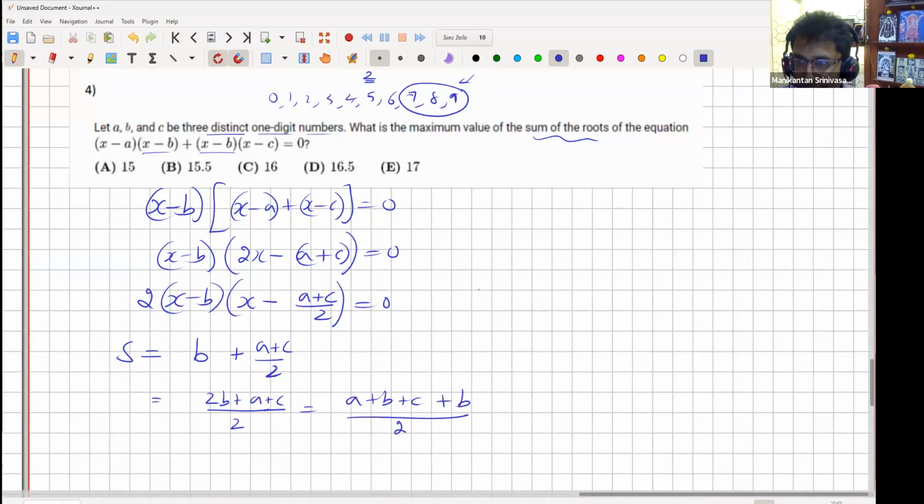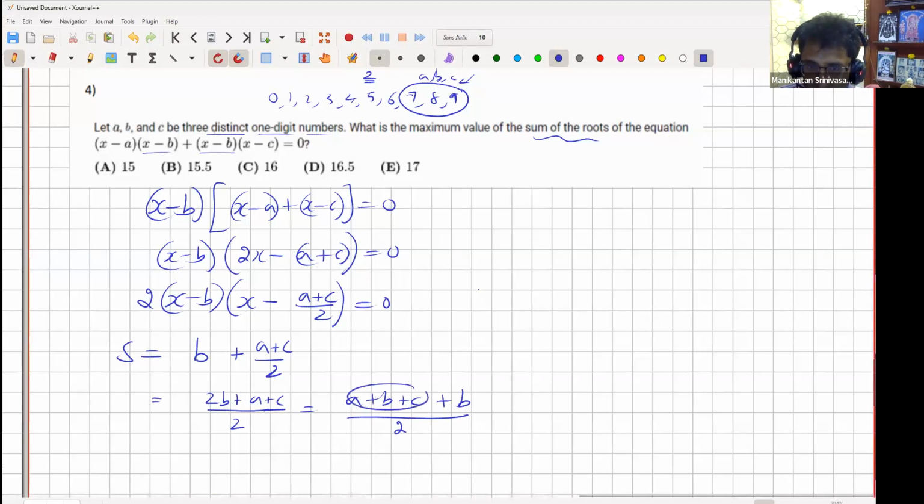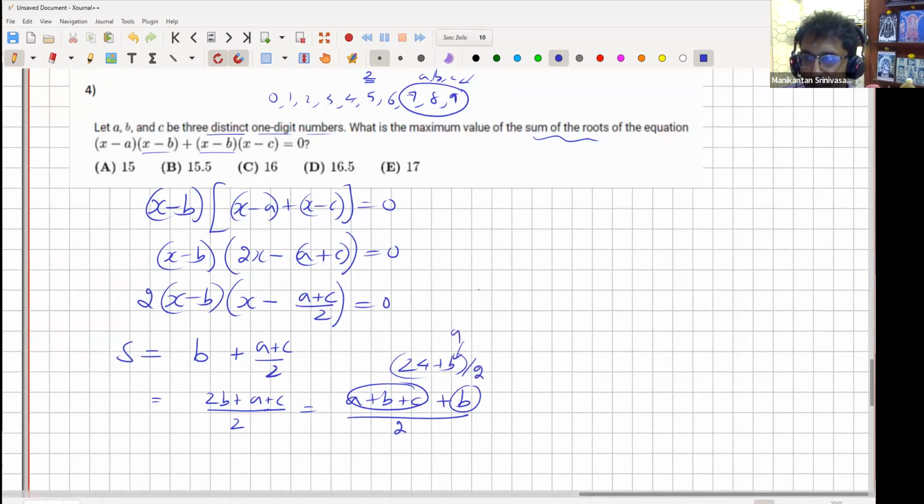Whatever way I allocate 7, 8, and 9 for A, B, and C, the sum of a plus b plus c will be 7 plus 8 plus 9, which is 24. But this extra is what we have freedom on. So you might as well allocate B to be 9 to maximize that, and A and C could be 8 and 7 in any order. Does it make sense? So this maximum is 24 plus 9 by 2, which is 16.5.